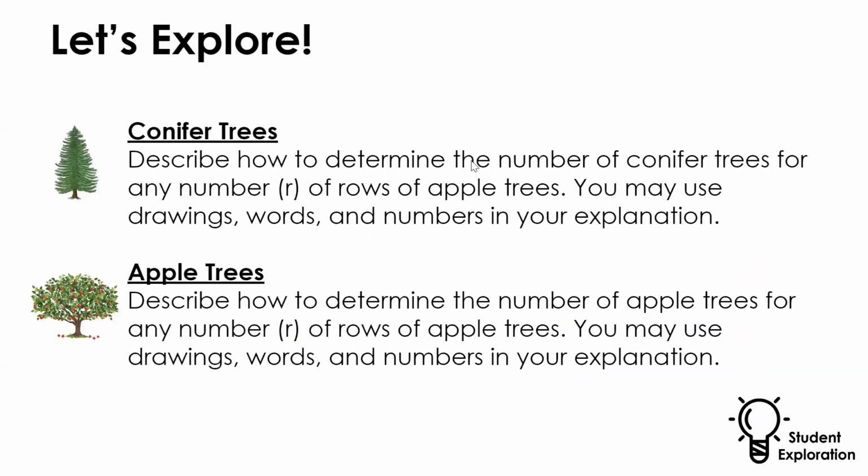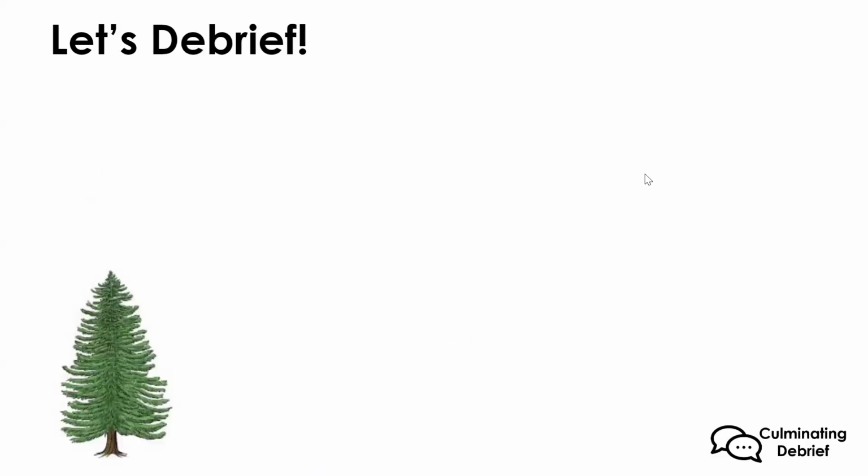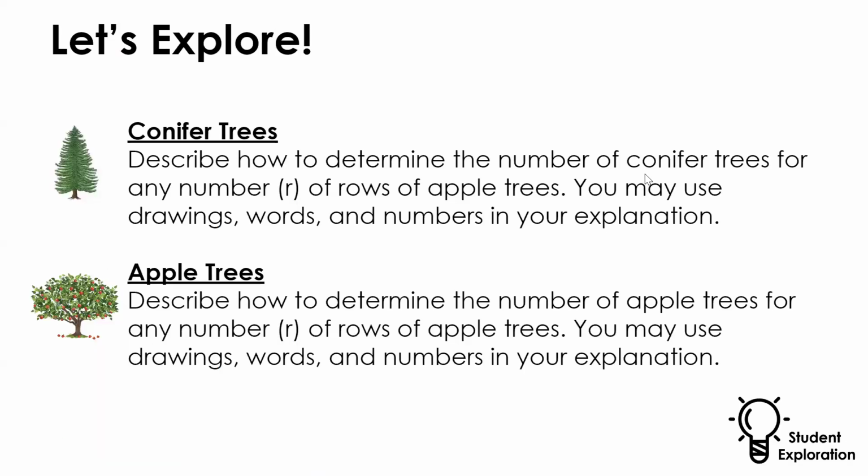Let's explore. Describe how to determine the number of conifer trees for any number of rows of apple trees. You may use drawings, words, and numbers in your explanation. Then describe how to determine the number of apple trees for any number of rows. On your paper, that's what I want you to do.